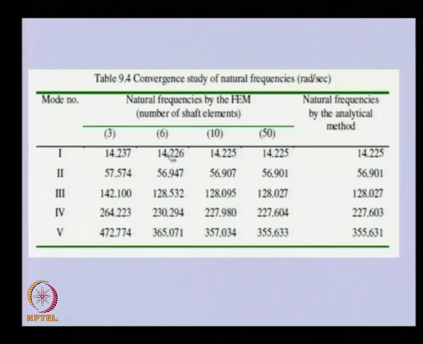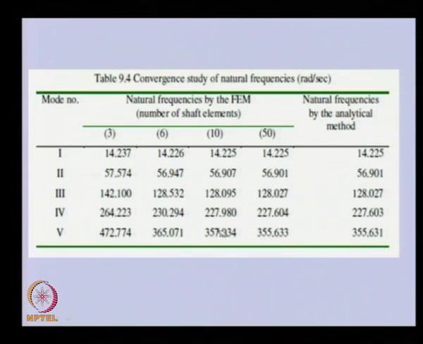If we want to find out whether 6 elements are enough or we need more elements, let us take 10 elements. If we take 10 elements, we will see that the third is now also reasonably okay, with not much change. The fourth also has not much change, but the fifth has a change.